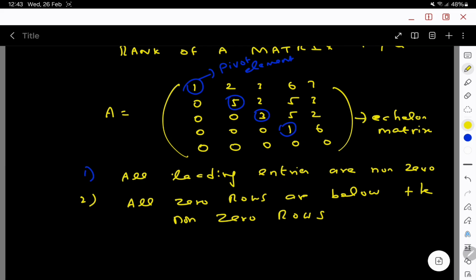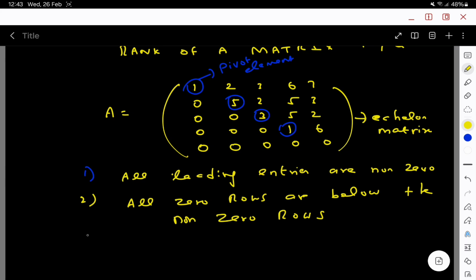The third condition is all the entries below the leading elements in the corresponding columns are zero. Take the first column. 1 is a leading element. All the elements below 1 are 0. Similarly, take the second column. 5 is a leading entry. The elements below it are 0.